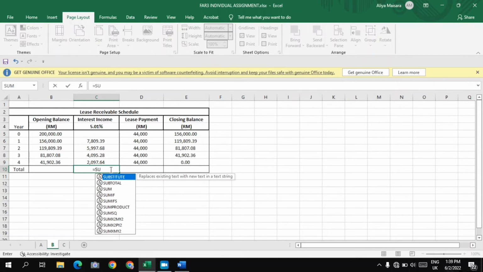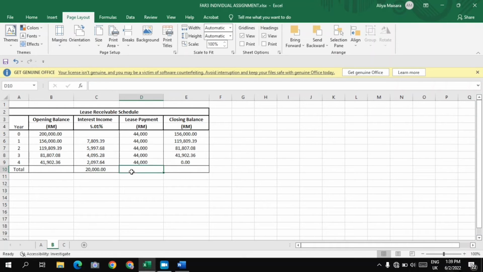After that, we total the interest income and it will become 20,000 ringgit, and for the lease payment, the total will be 220,000 ringgit.